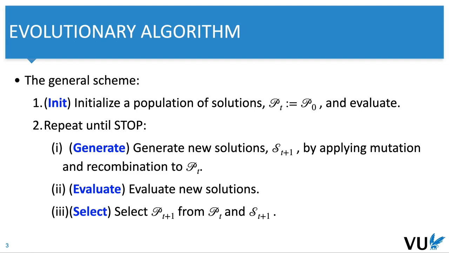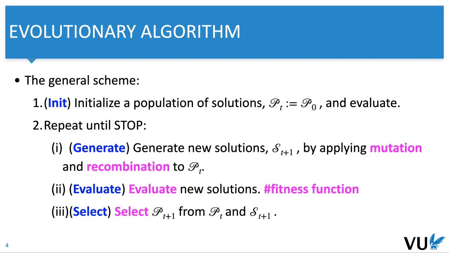Then we have a loop in which we have three steps. First is generating new candidate solutions by applying mutation and recombination to our current population. Then we evaluate all new solutions, and in the end we select a new population from the old one and new candidates, new individuals.